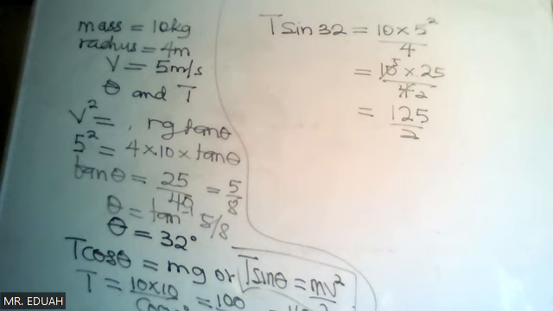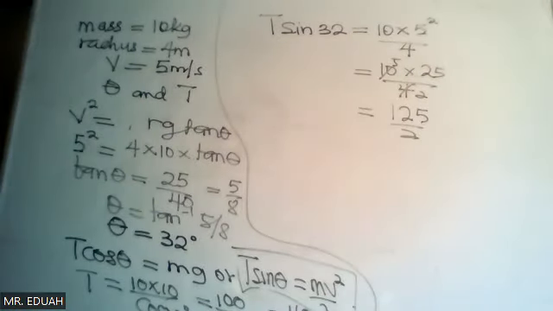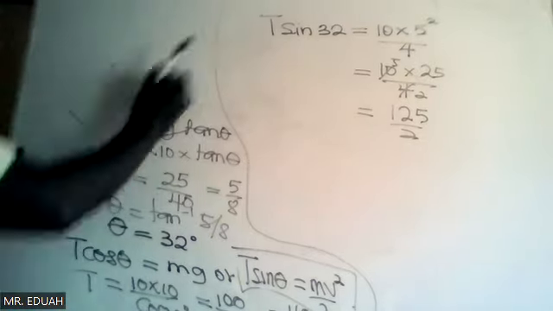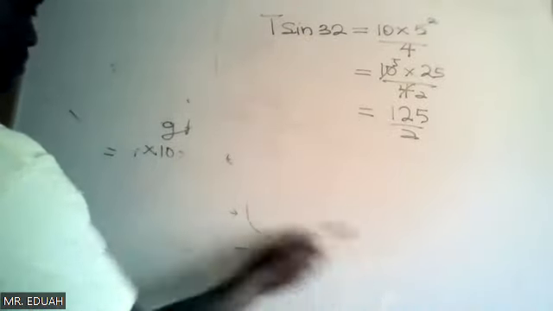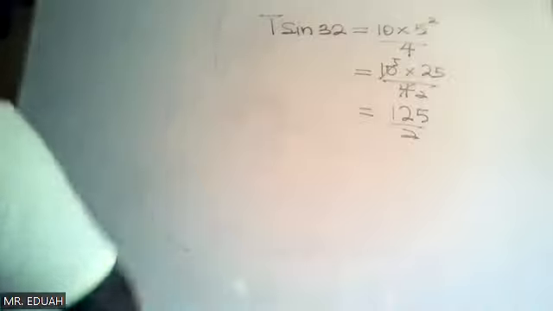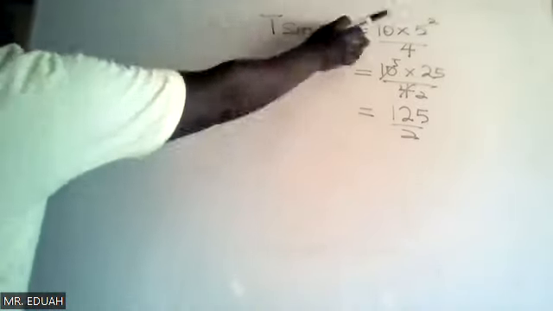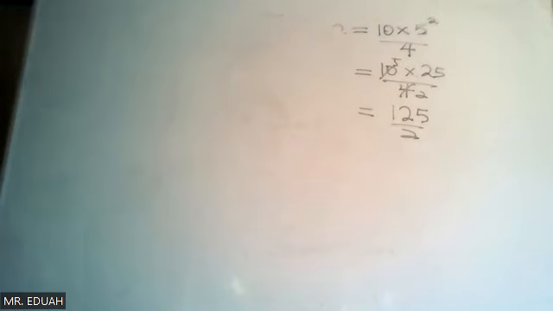I'm going to send you an assignment on the page. Sent. All right, so let's look at this particular question. If you got 23.09 Newton, you are correct.